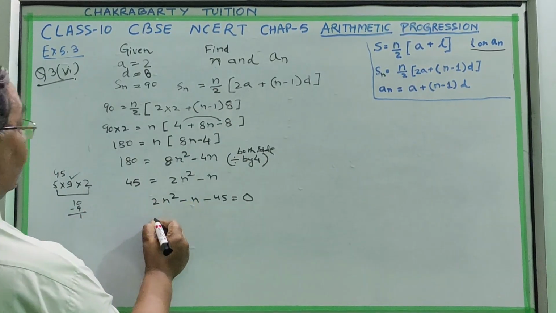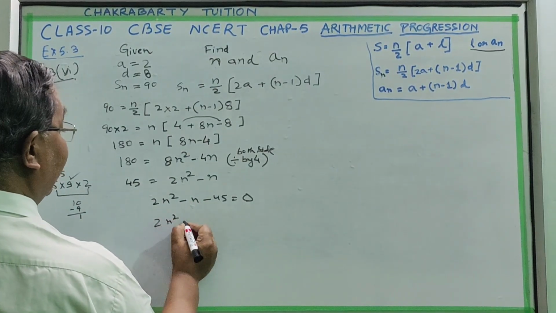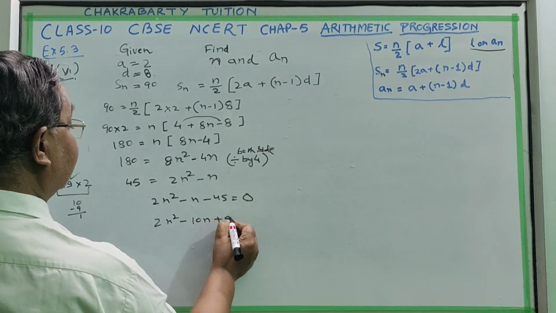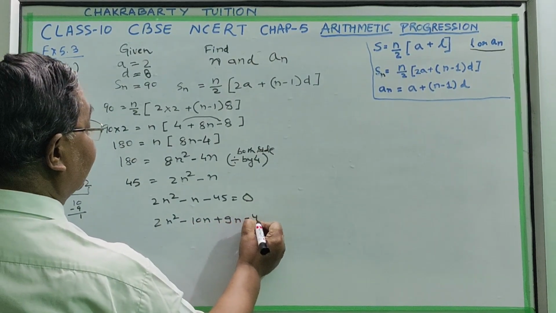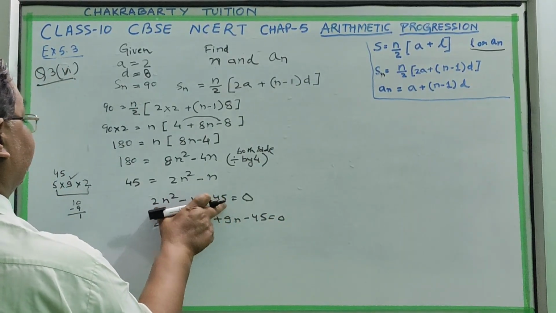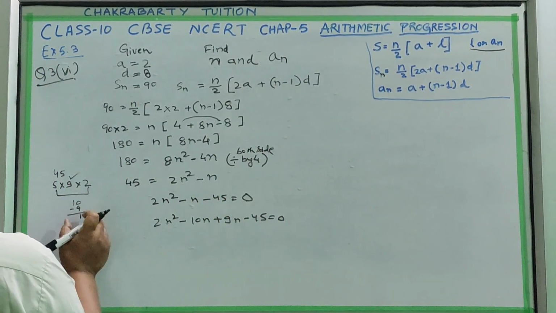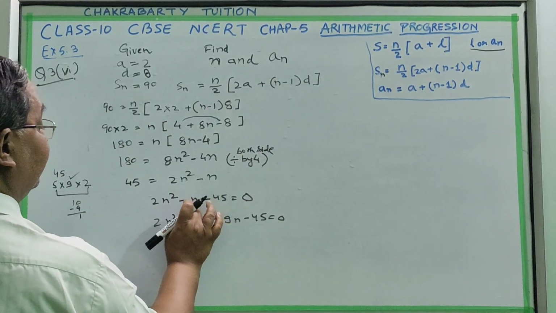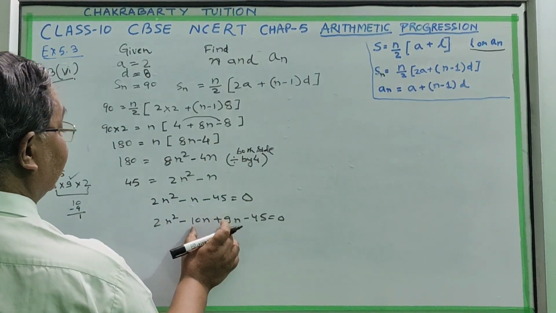So what we will do: 2n square minus 10n plus 9n minus 45 equal to 0. We break this 2 and this 45, and from those factors we try to make the middle figure. So the middle figure n will come.